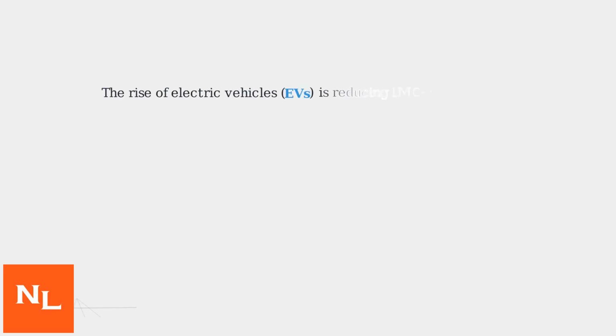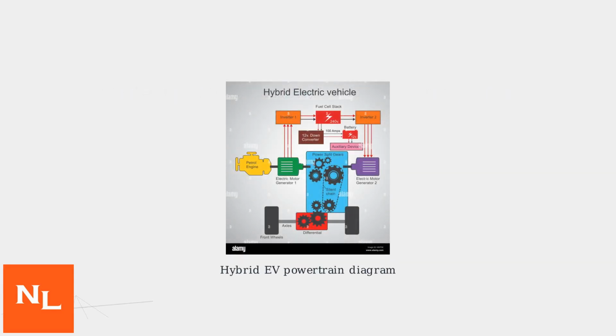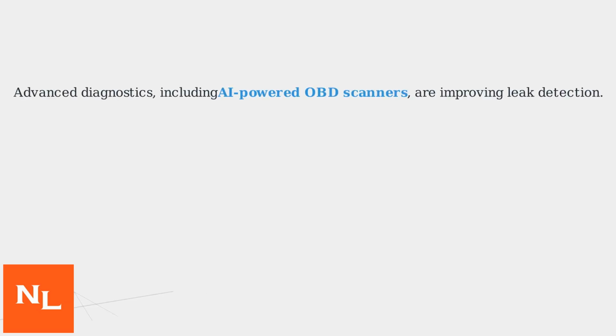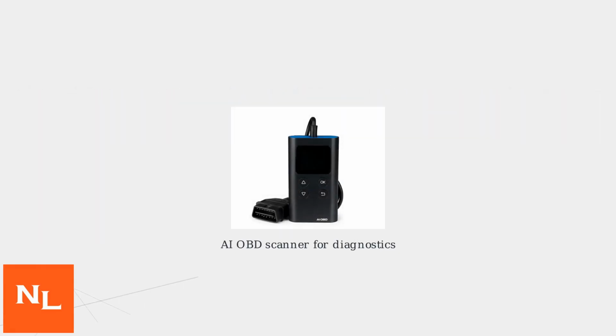The rise of electric vehicles is reducing intake manifold gasket issues since EVs lack traditional intake manifolds. Hybrid electric vehicles, which combine traditional engines with electric components, are also influencing repair trends. Advanced diagnostics, including AI-powered OBD scanners, are improving leak detection by predicting gasket wear through data analytics. These tools can diagnose issues early, reducing the need for extensive repairs.